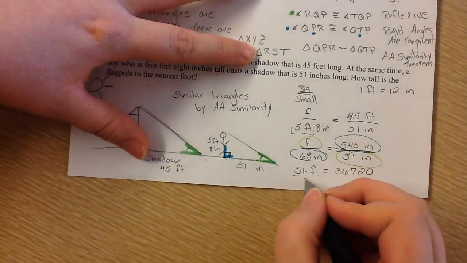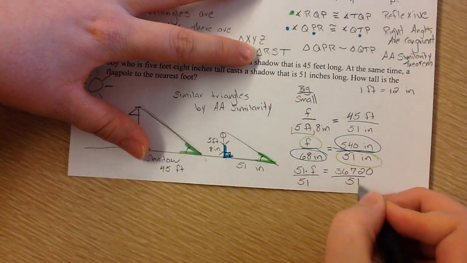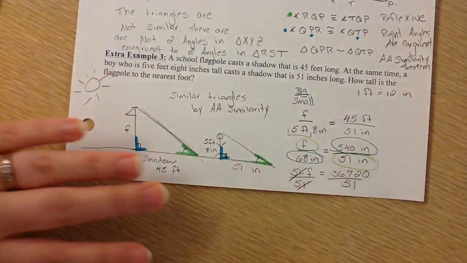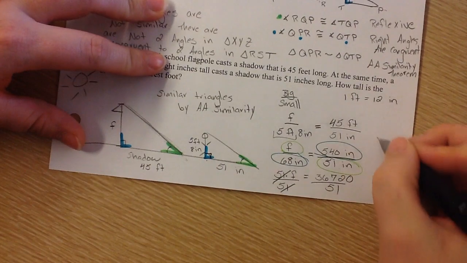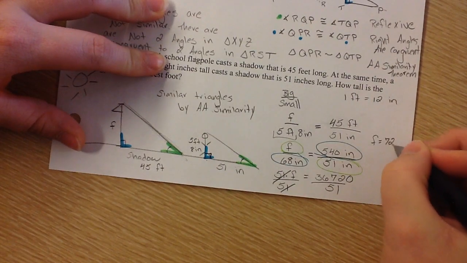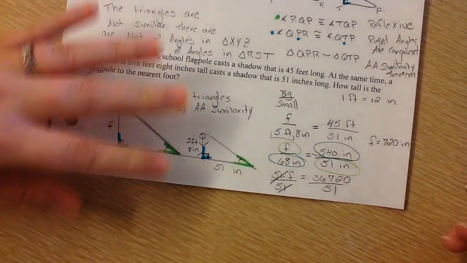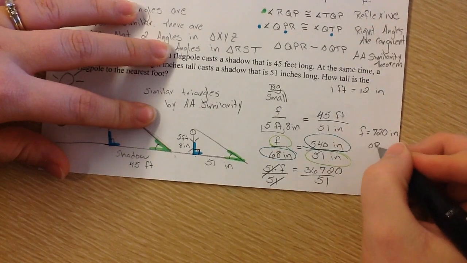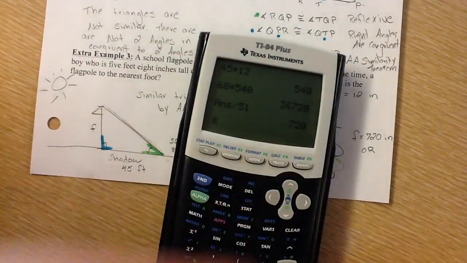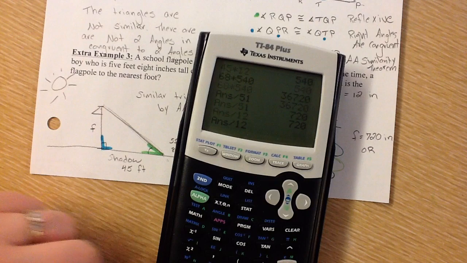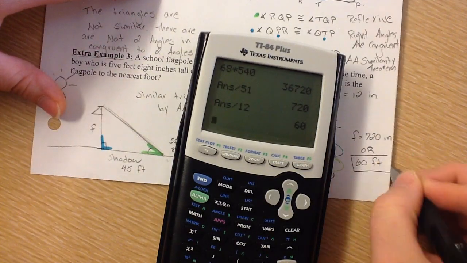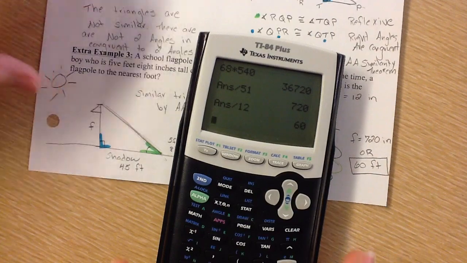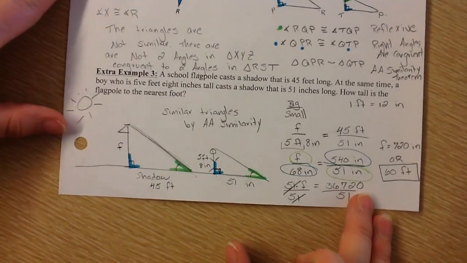Then we need to divide by 51. So the flagpole, if I divide that by 51, we get 720 inches. We should convert that to feet, so take that 720 and divide it by 12, which is 60 feet tall. So the flagpole is 60 feet tall, using that idea of similarity.